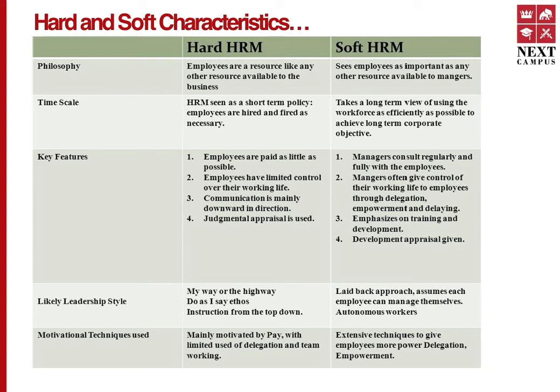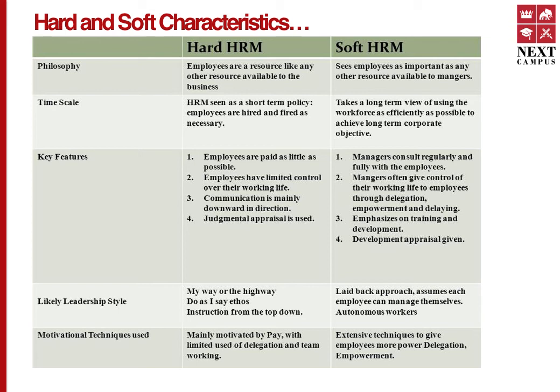Now, when you talk of timescale, hard HRM is seen always as a short term policy. Employees are hired and fired as needed. But soft HRM takes a long term view of using the workforce as efficiently as possible in order to achieve long term corporate objectives.